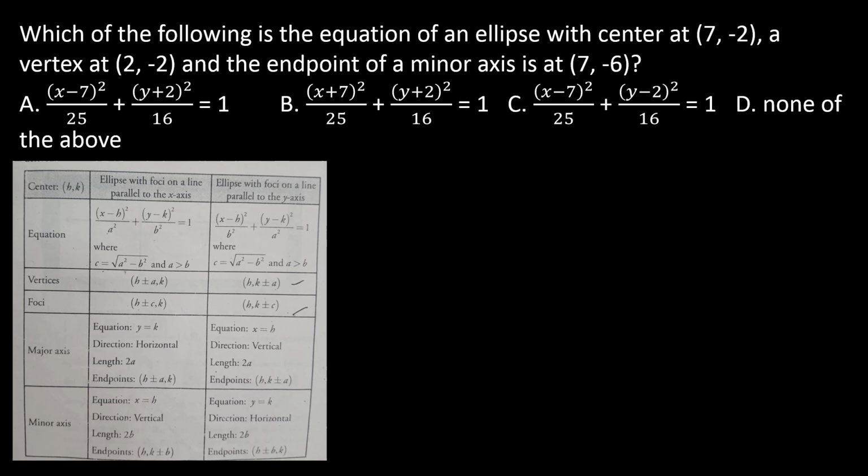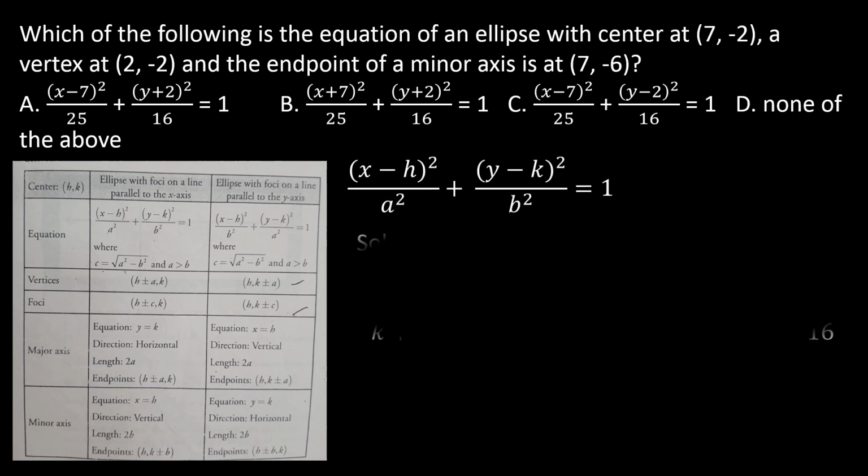Obviously the first numbers of the center and vertex are different, so we have to use x minus h to the power of 2 over a squared plus the quantity of y minus k to the power of 2 over b squared is equal to 1.